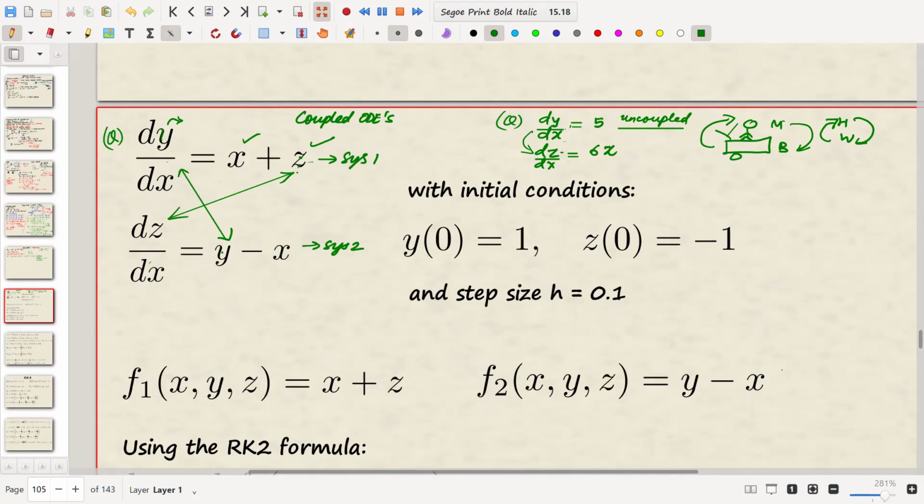Tell so that Mr. Samuel can hear. dy by dx is depending on the second system, but dz by dx is not depending on it.